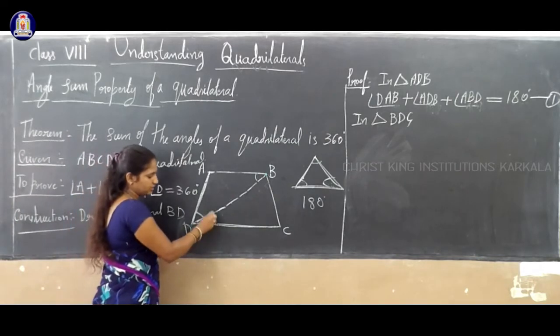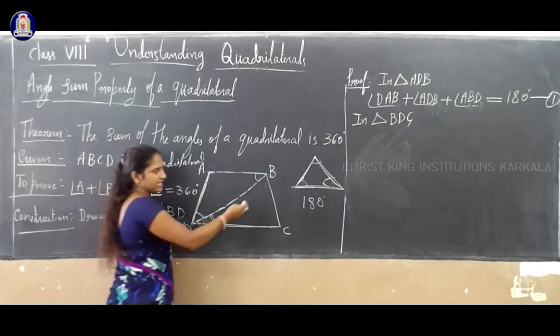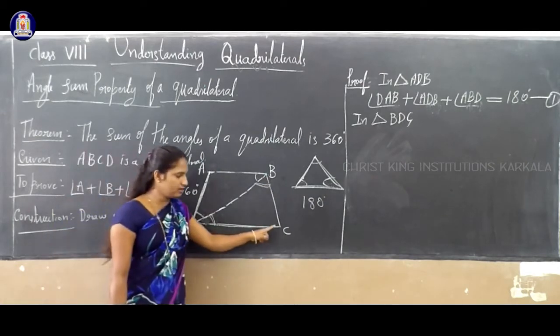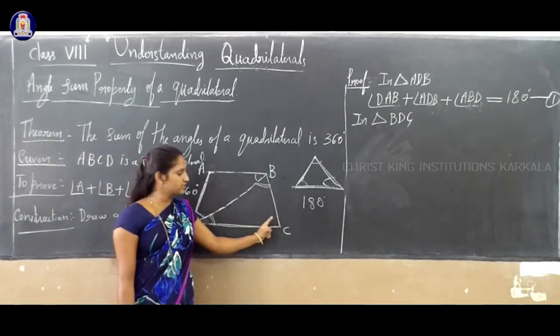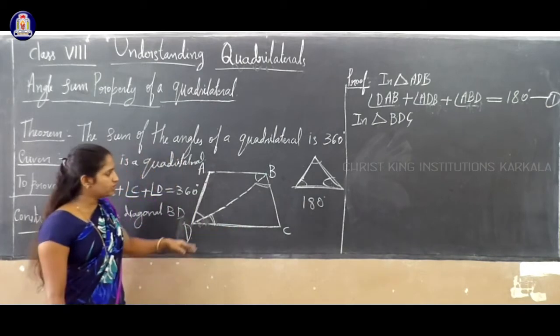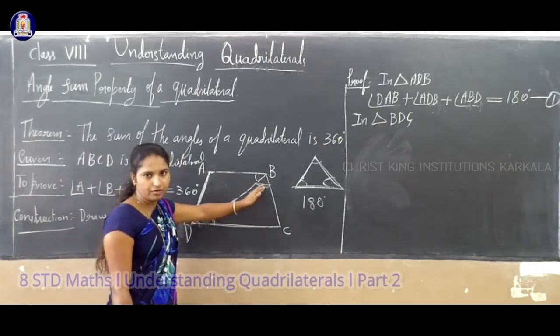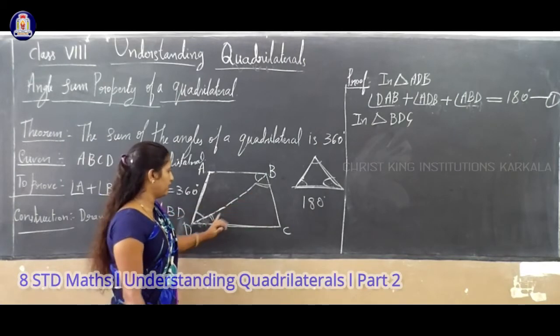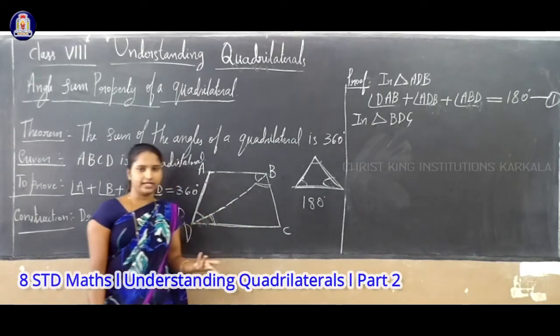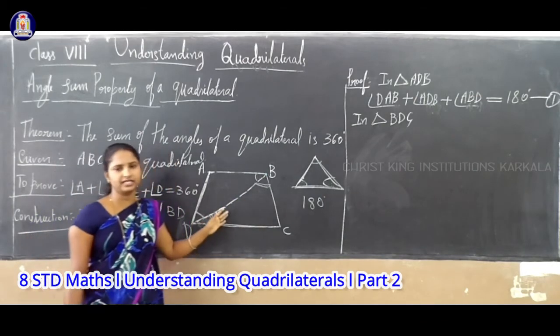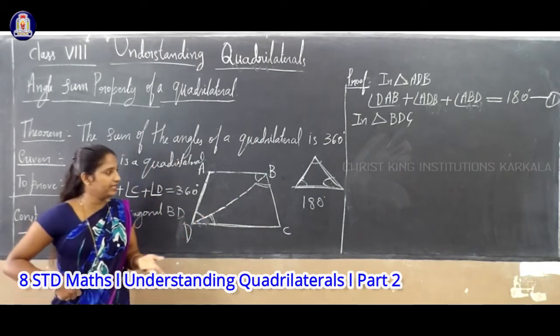This is half of angle D, here also this is half of angle B, and one more angle is C. Correct? So this is angle C. Now, you know, if you add the 3 angles of a triangle, we will get 180 degrees. In all triangles, the sum of the angles is 180 degrees.